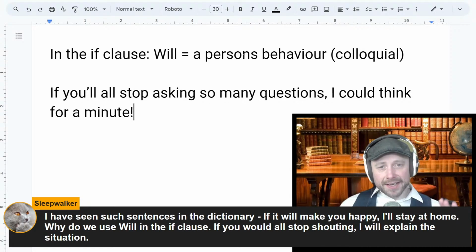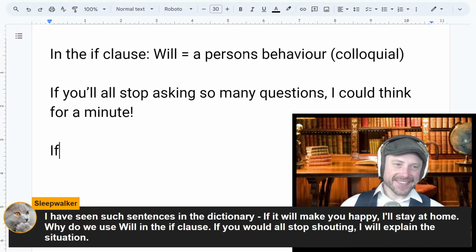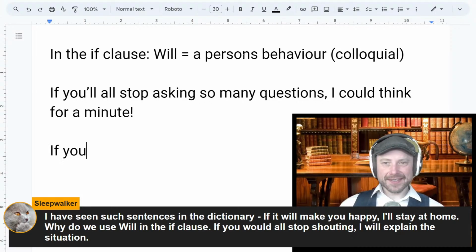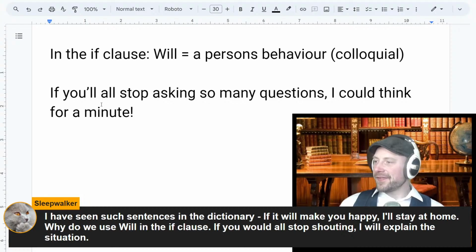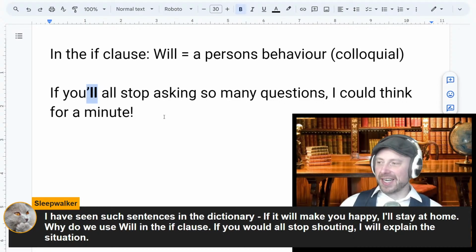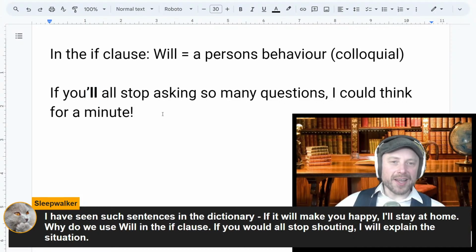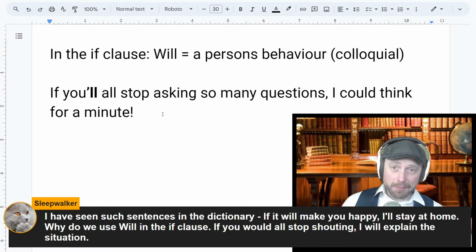If you'll all stop asking so many questions, I could think for a minute. So you can see that traditionally, or more generally, we'll represent that with just present simple.